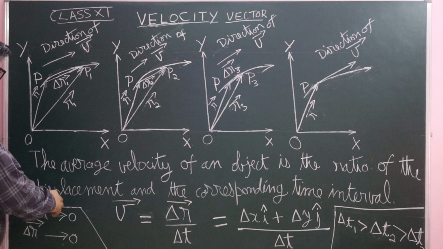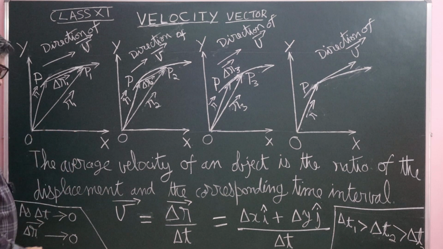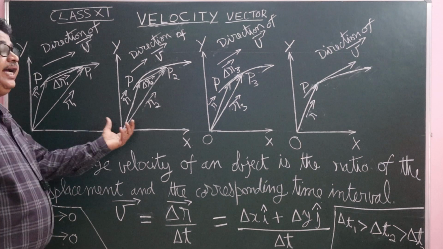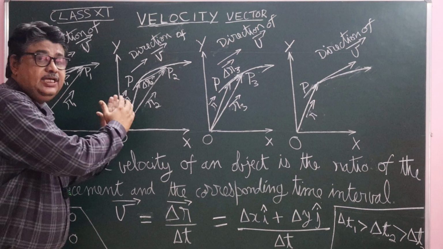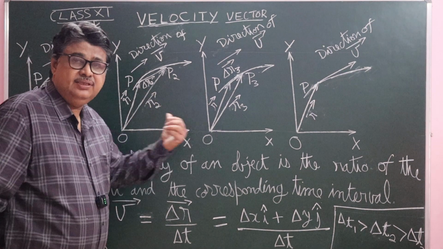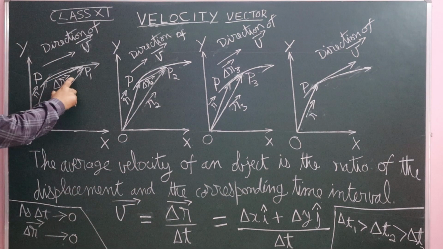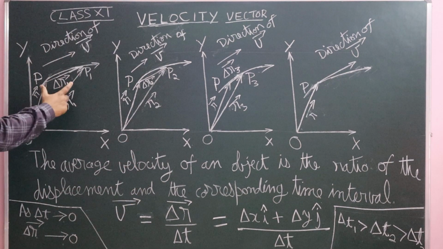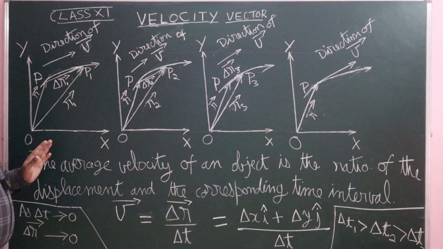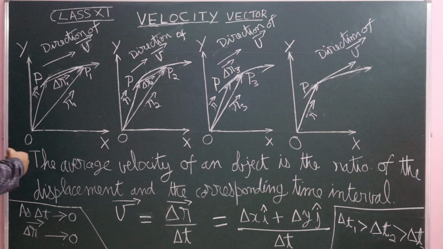This is the concept as del T tends to 0. As the time taken keeps on decreasing and becomes 0, the displacement vector also becomes 0. Now let us see the further step.